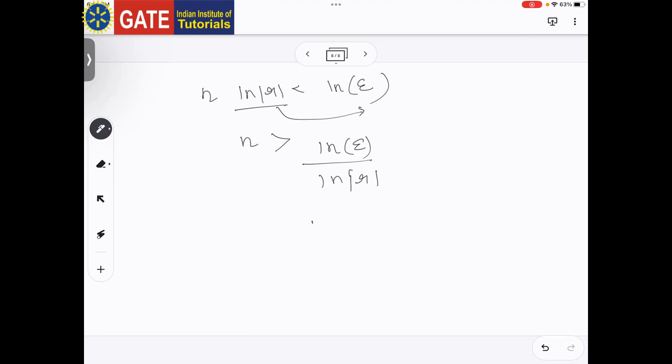So you choose your capital N to be ln epsilon divided by ln modulus of r, and the greatest integer function of this.